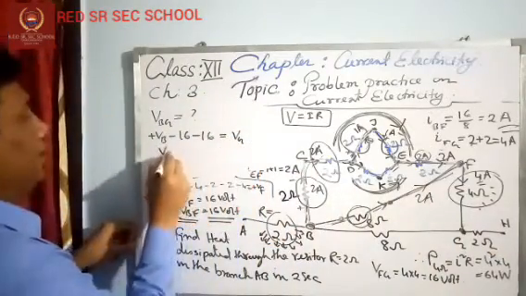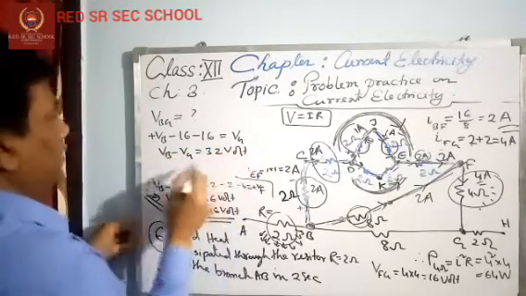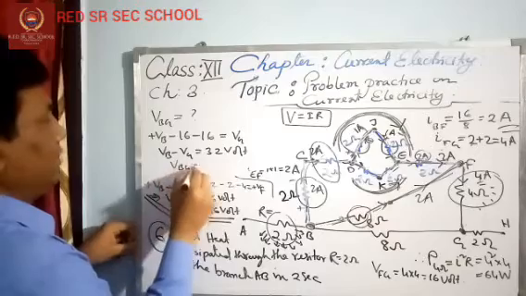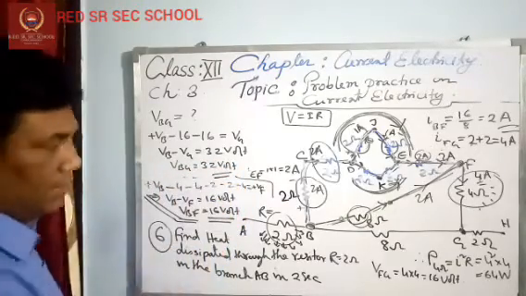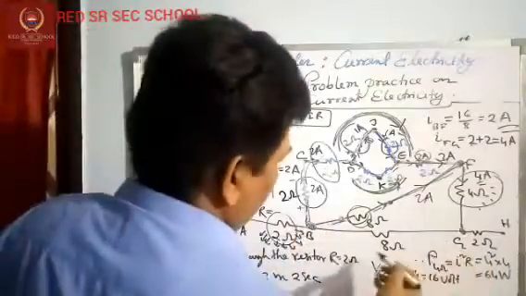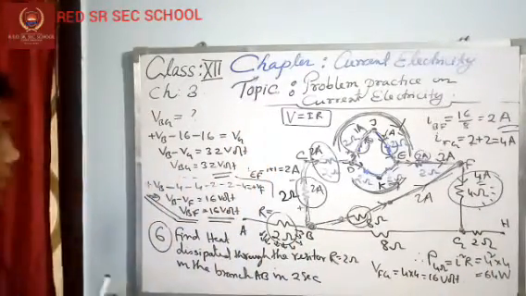So VB minus VZ equals 32 volt. It means VBZ equals 32 volt. Though the potential difference between this and this is not asked, I have easily calculated it. That may be asked in the second part.